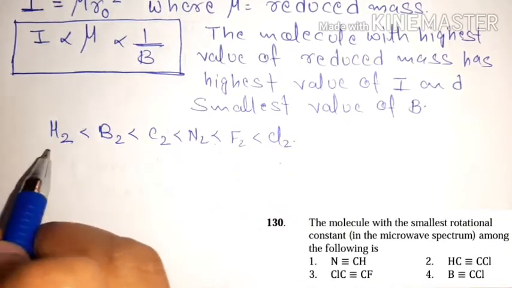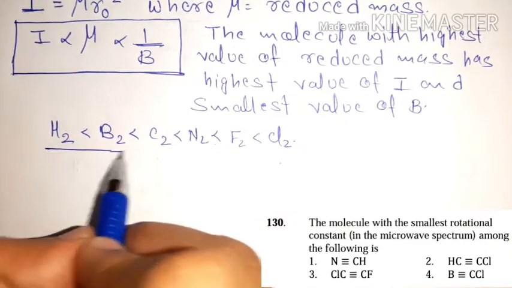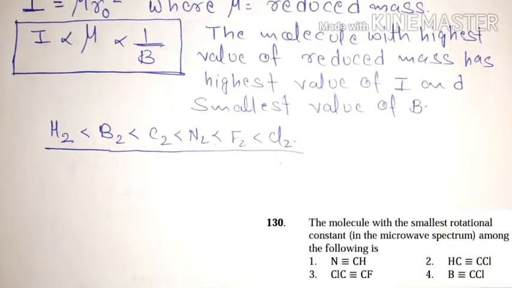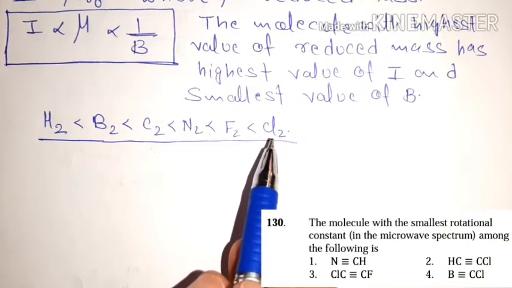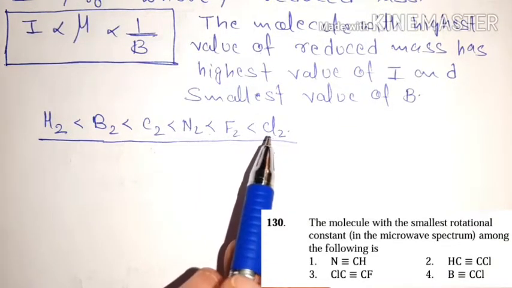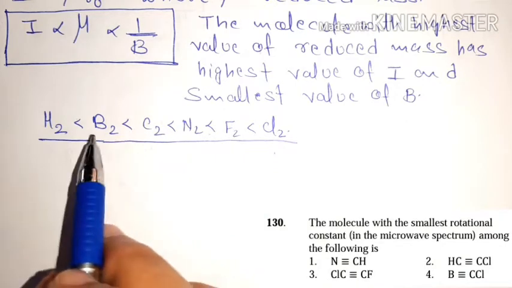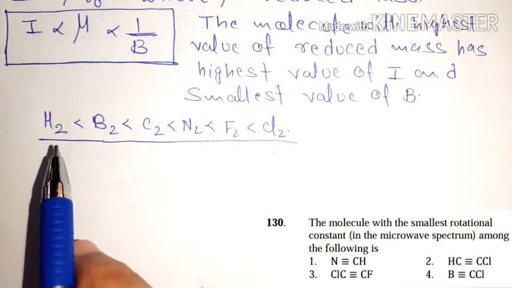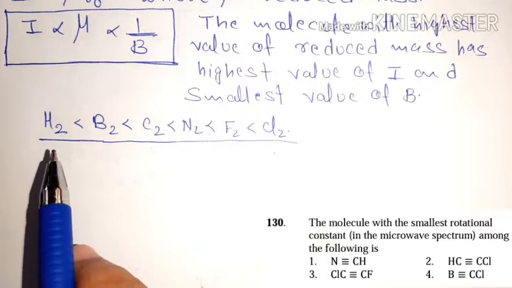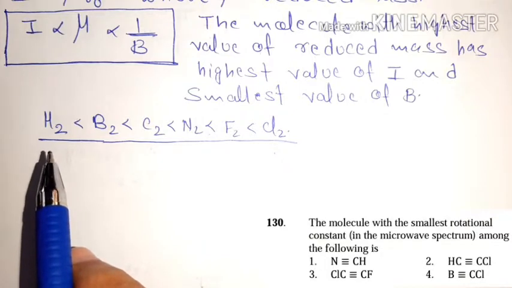This is the correct order in your periodic table. So the chlorine molecule has the highest reduced mass, then fluorine, then nitrogen, then C2, then B2, then H2. When you carefully observe all four options, option number third consists of chlorine, carbon and fluorine.